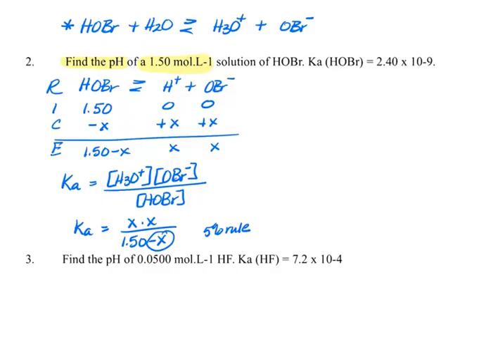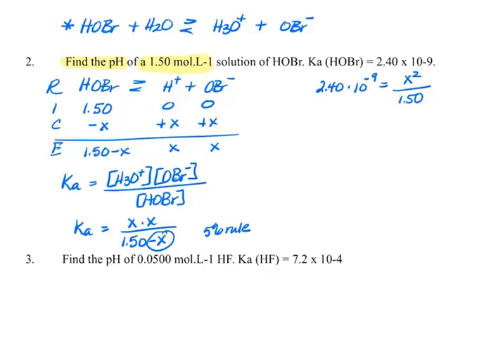Now this one's going to be a little less work than the last one, because the last one we had to go in and find the Ka using the pKa formula. This one they give us the Ka, so we can just go straight to putting that number in, and then again it is equal to x squared, and again we're eliminating the x, and so same thing we did before.